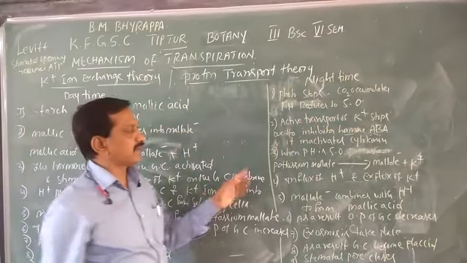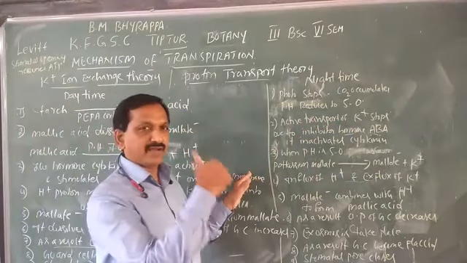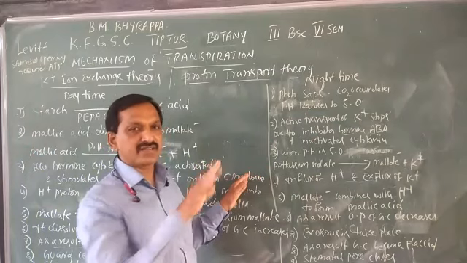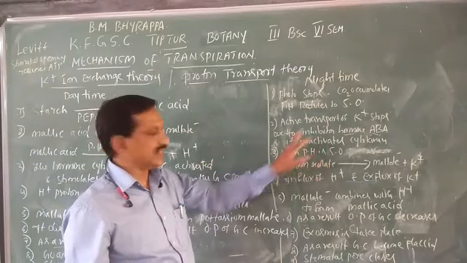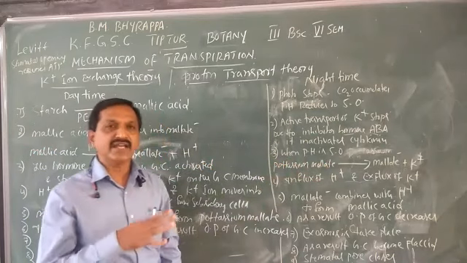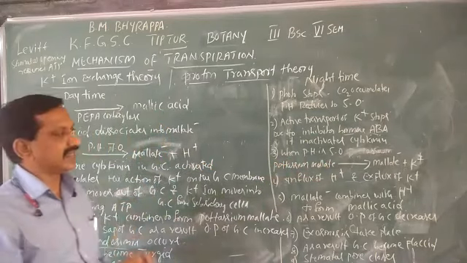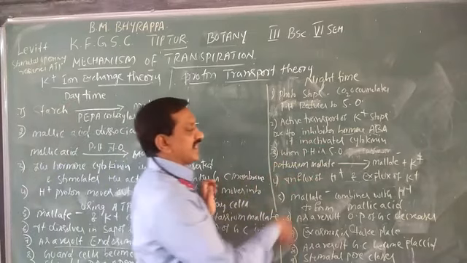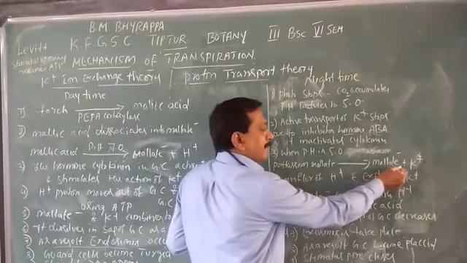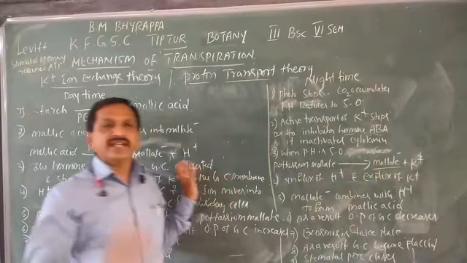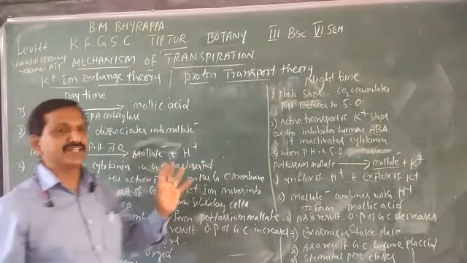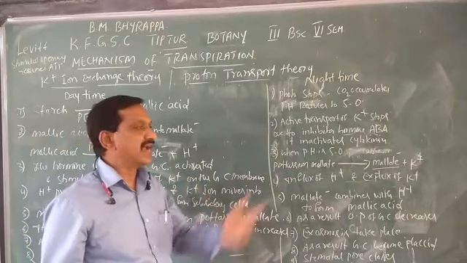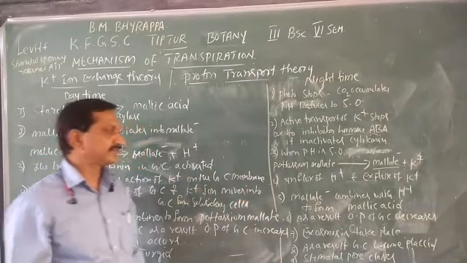So as a result, the movement of the K plus ions into the guard cell stops. And when the pH is 5.0, the potassium malate which is present inside the guard cell will dissociate into malate minus ion and K plus ion.